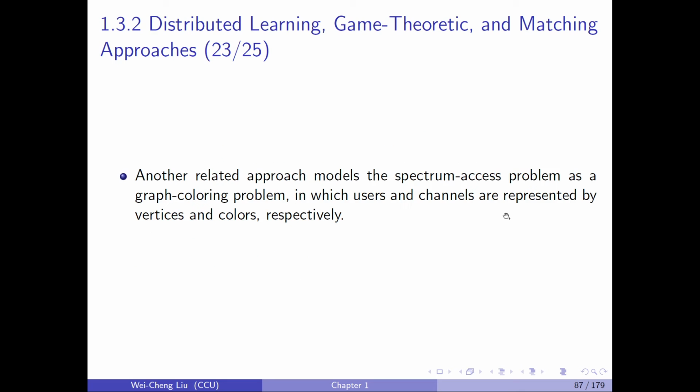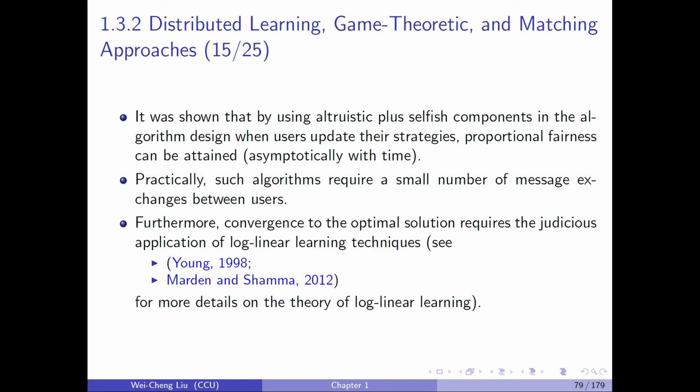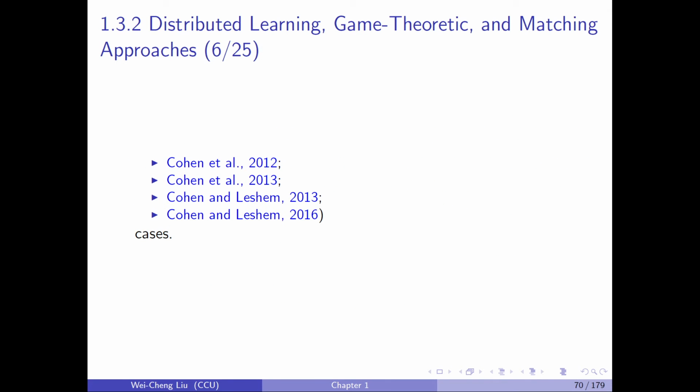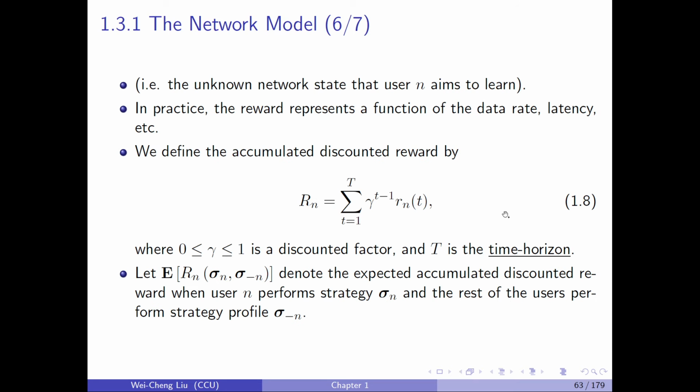Let us go back and review this symbol. Capital T is the time horizon, on page 63, and I have explained what the time horizon is. If you forget it, please review the handout.